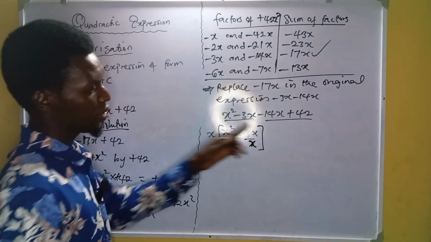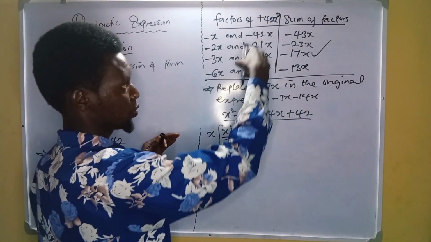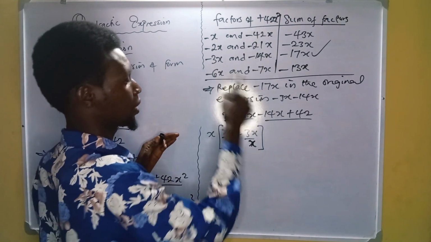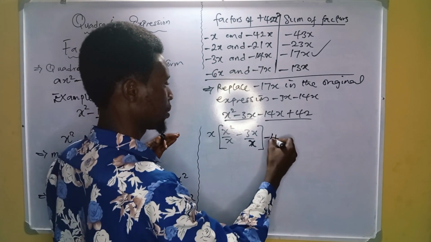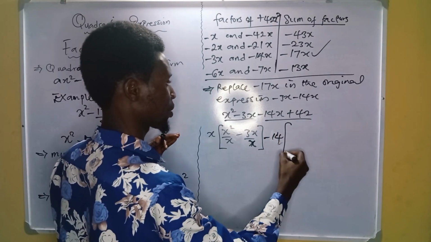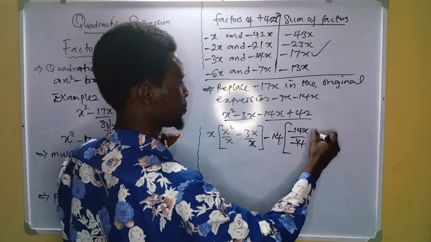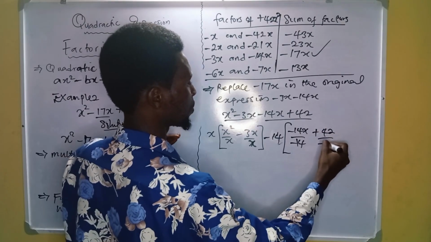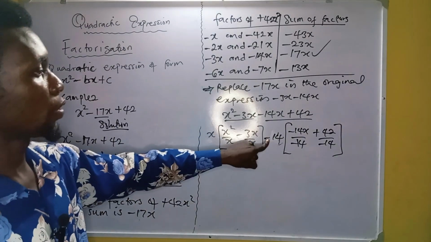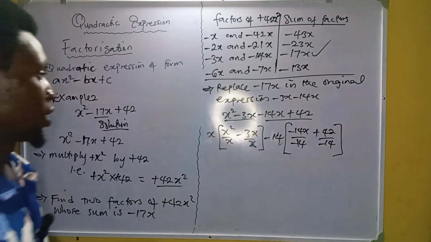Over here, 14 can actually divide 42. You see that? How many times? 3 times. So we can bring out 14. When you bring out 14, you make sure that you divide each term by that 14. Also notice that it was minus 14, so you are dividing each of them by minus 14.